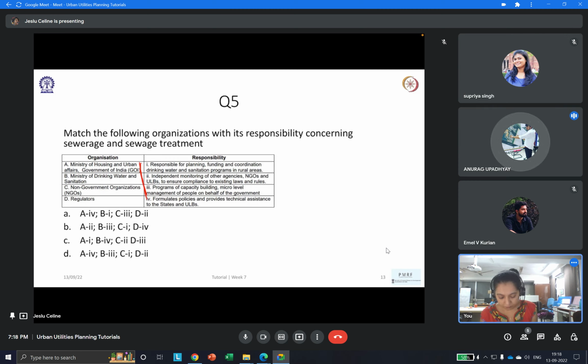The Ministry of Drinking Water and Sanitation should be responsible for planning, funding and coordination of the drinking water and sanitation program. Then NGOs will be responsible for programs of capacity building and micro level management of people on behalf of the government. Okay.